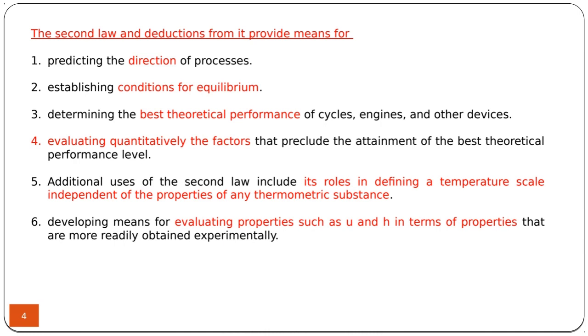Evaluating quantitative factors that affect the performance, additional factors related to second law, and also calculating the properties such as internal energy and enthalpy in terms of other properties such as temperature or specific heat.